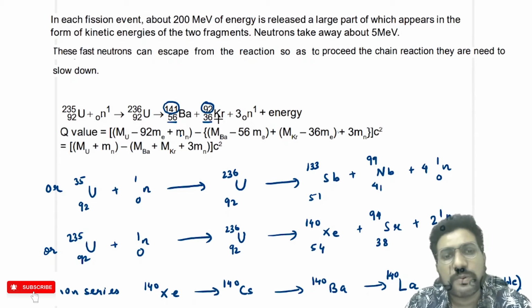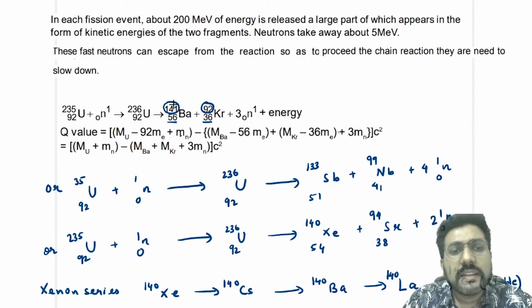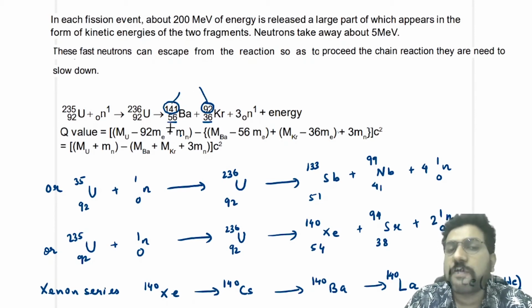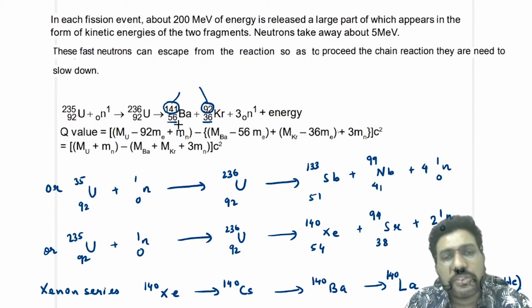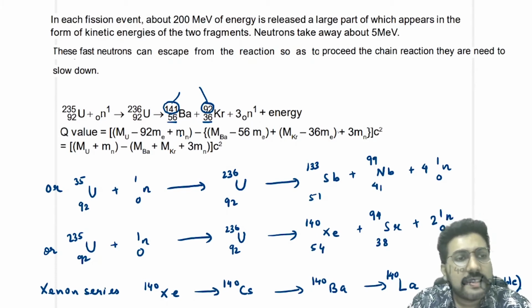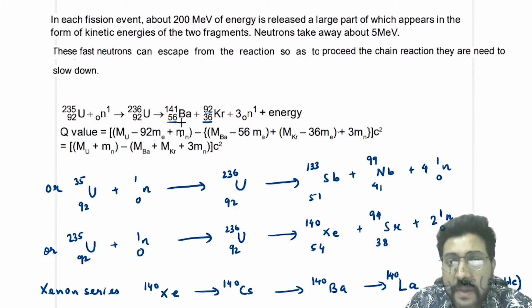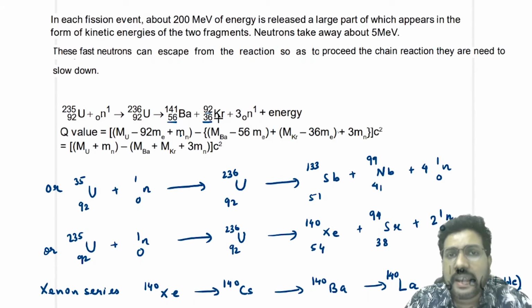Similarly, many isotopes of krypton are there. So you can say that different isotopes of barium, krypton, or strontium, or whatever is forming can be formed, right? So that is why this value can be different in different books, but the atomic number value has to be the same. Krypton has the atomic number of 36. Barium has the atomic number of 56.